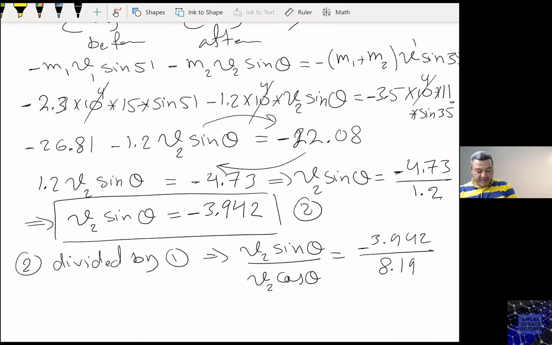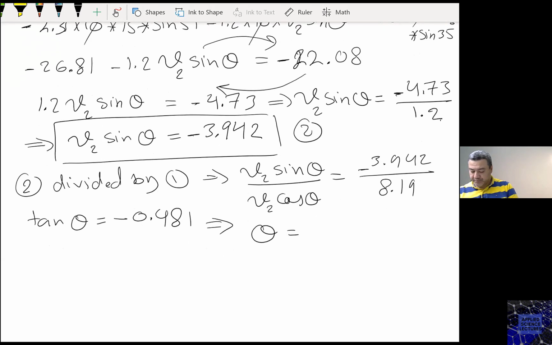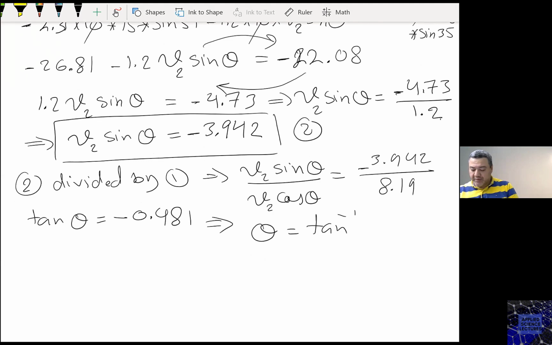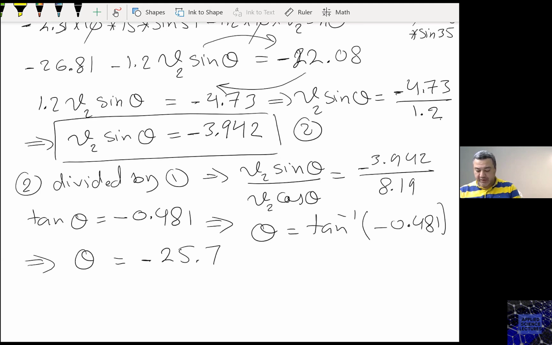And the answer is minus 0.481, or theta equals tan inverse of minus 0.481, and theta equals minus 25.7 degrees.